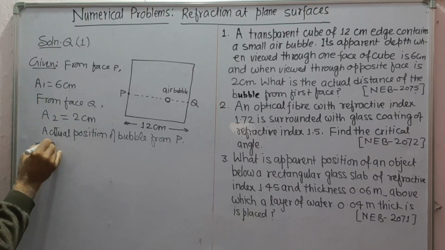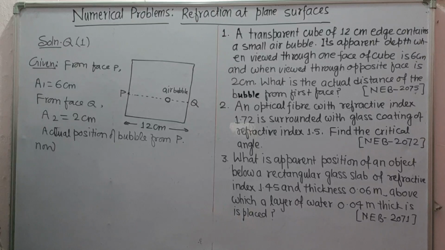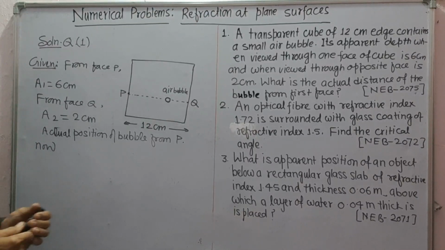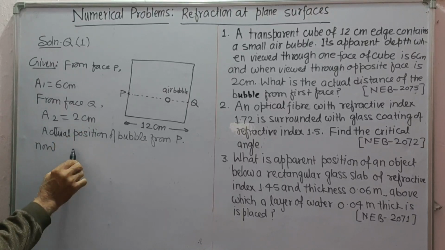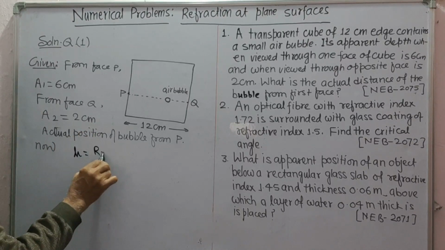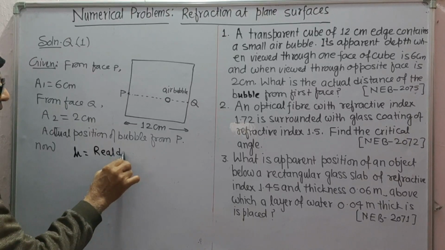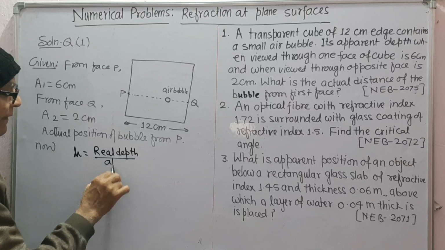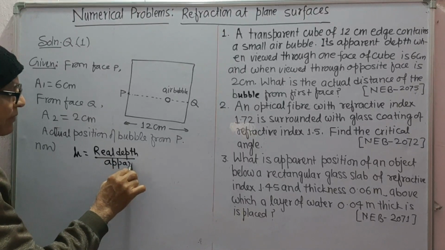Now, refractive index is given as the ratio of real depth upon apparent depth. Mu is equal to real depth upon apparent depth.